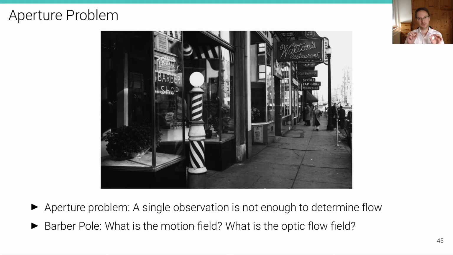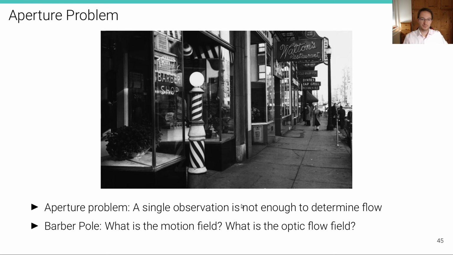If I just observe a single pixel changing intensity, then I cannot determine optical flow, because optical flow has two unknowns. I need to determine the flow in the x coordinate of the image plane and then the y coordinate of the image plane.